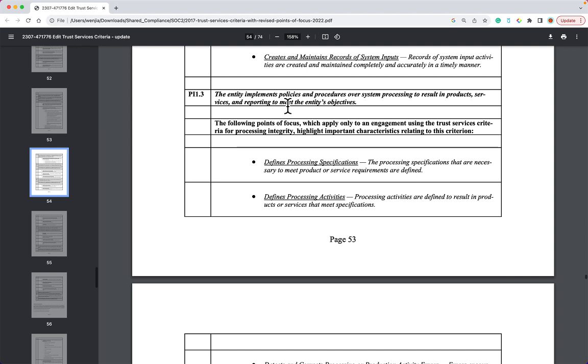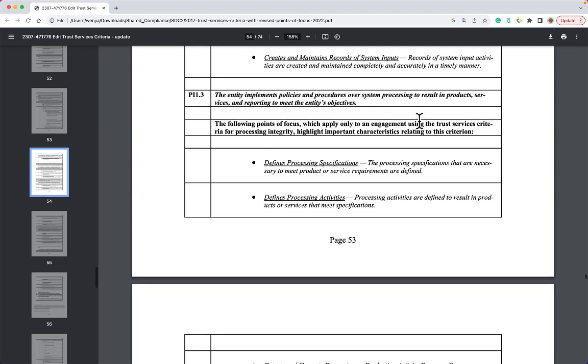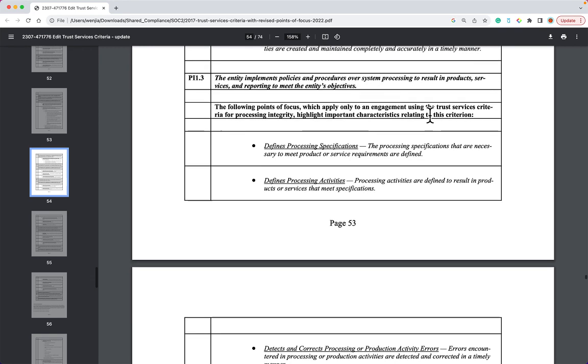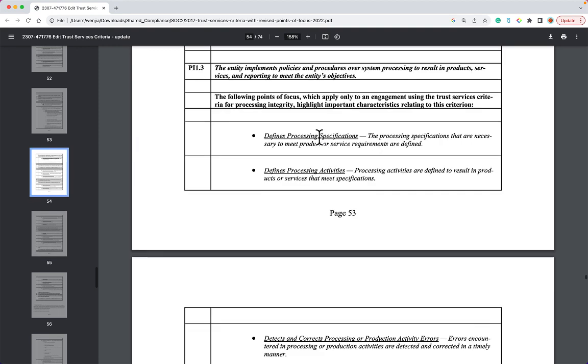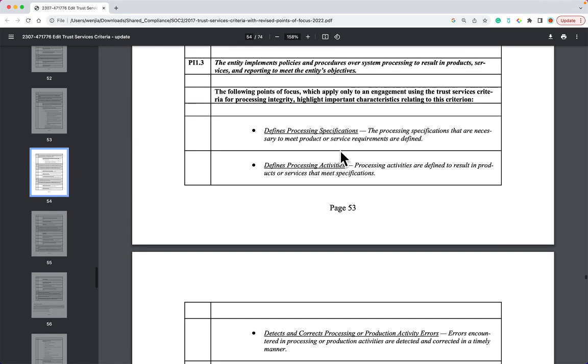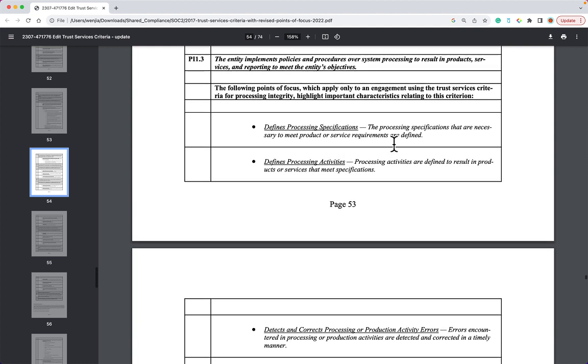So you need to have policy and procedure over system processing to result in products. How can we do that? 1, 2, 3, 4, 5. Define processing specifications. The processing specifications that are necessary to meet product or service requirements are defined.